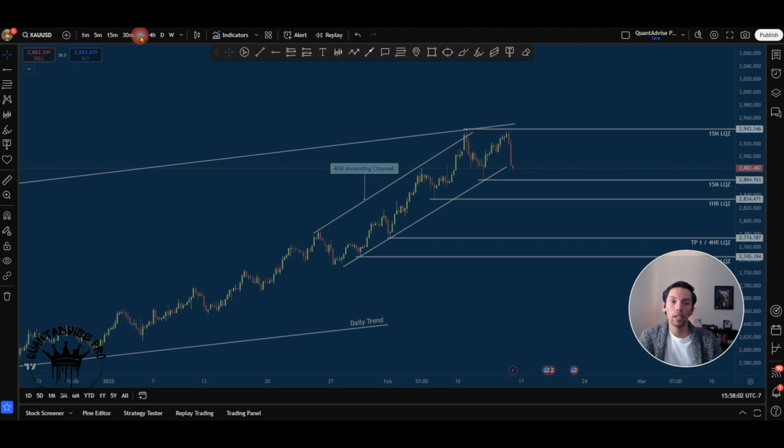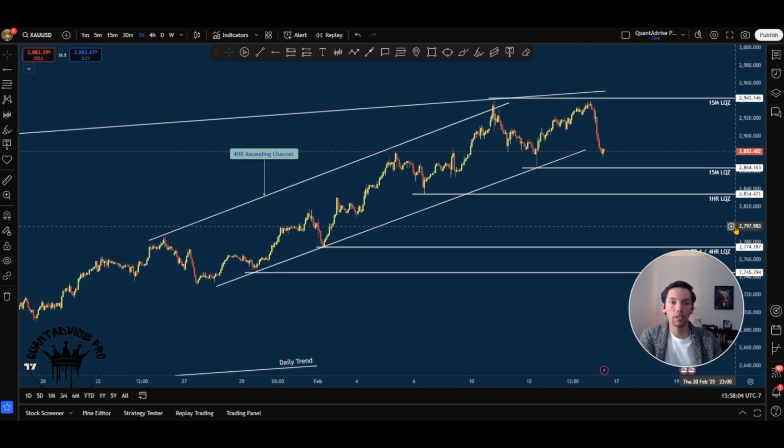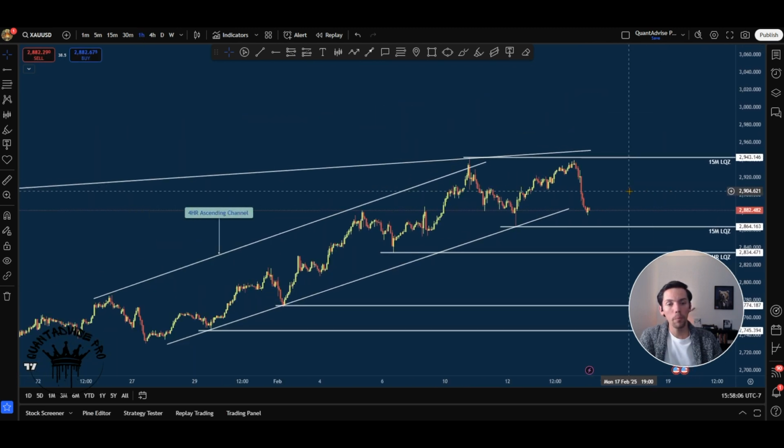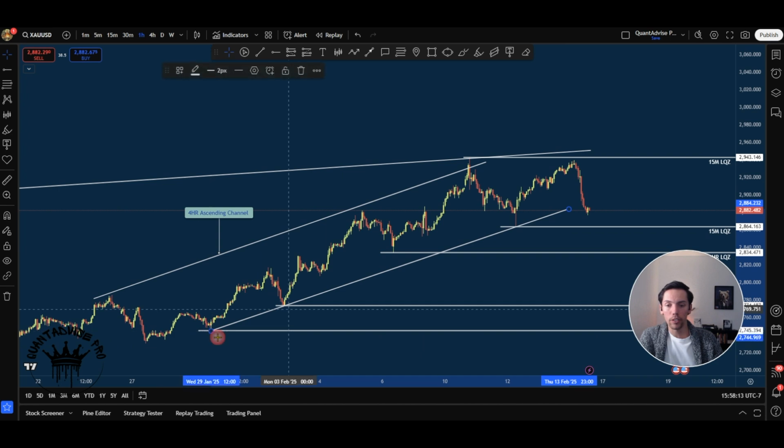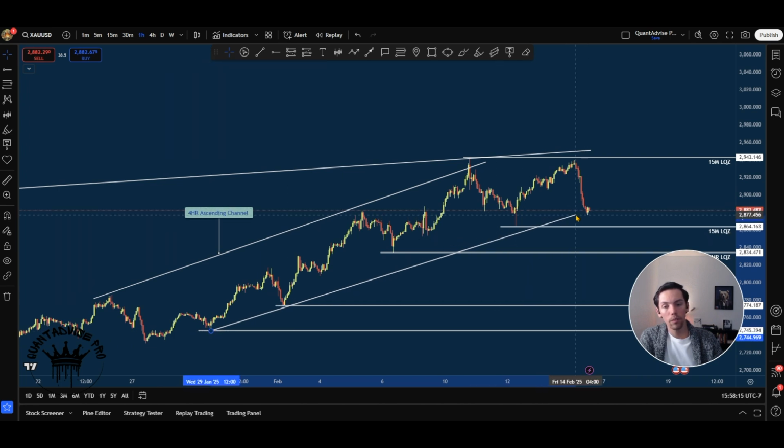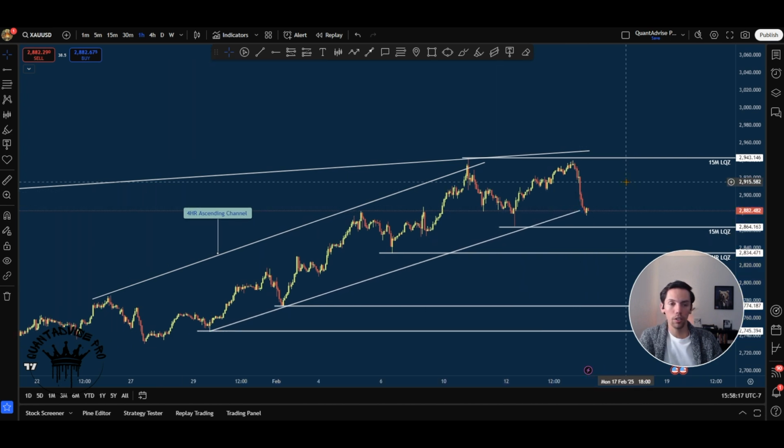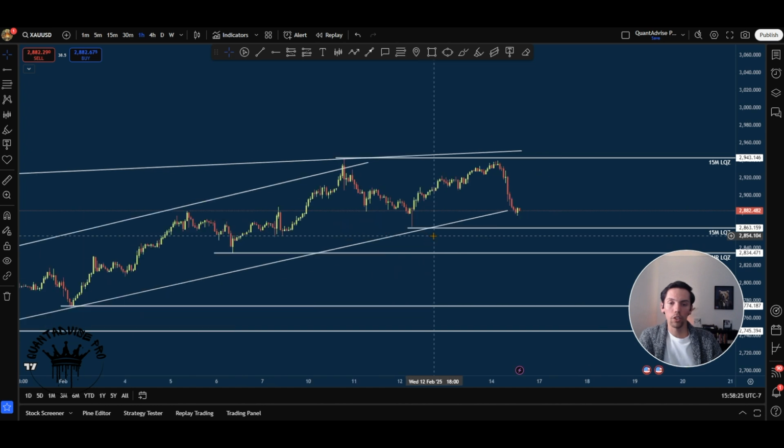So let's go ahead. We're going to drop down into our 1 hour time frame now. And I'm really liking how price has kind of been moving here. Like so. We're just at the bottom of this. That's a good liquidity zone there.